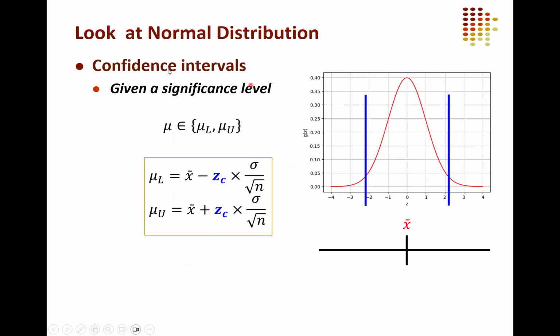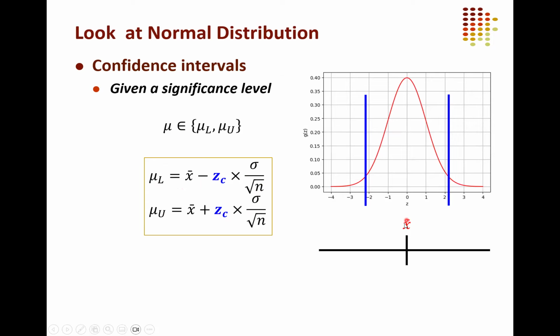So by defining the confidence interval, we can say that with our sample measurements with mean x bar, the population mean value is likely to be observed with the confidence interval probability within the lower and upper limits defined by x bar minus zc times sigma over square root of n to x bar plus zc times sigma over square root of n.